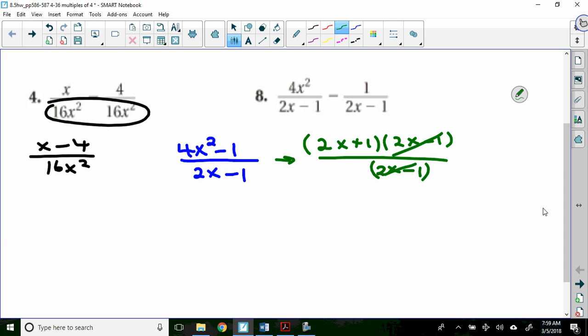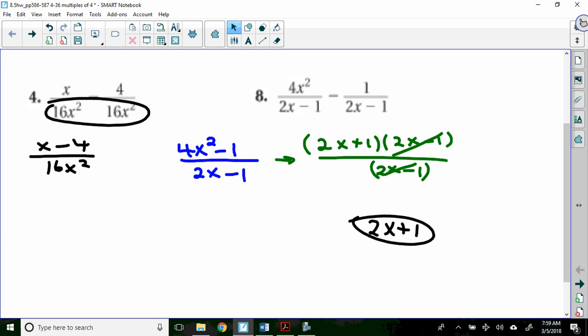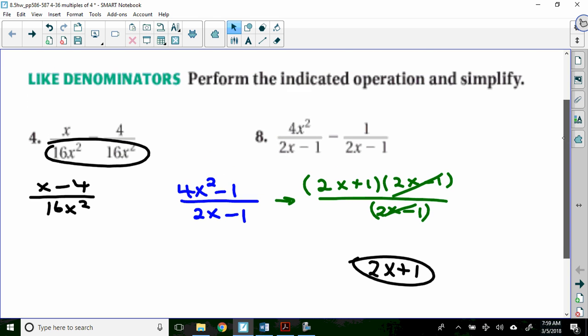And so your final answer on number 8 should have been just 2x plus 1. Factor, cancel. All that stuff from 8.4 comes back in 8.5. They didn't say anything about stating restrictions, so we won't worry about that.